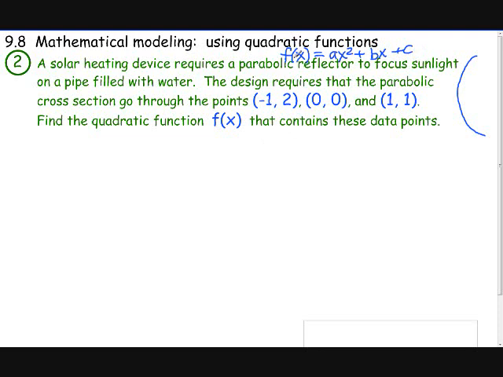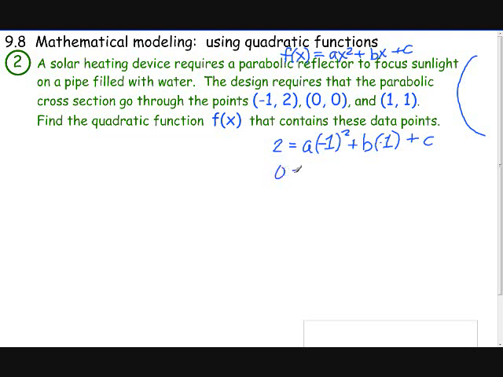Well, using this first point, here's the value of the function, 2. A times x squared is going to be negative 1 squared plus b times negative 1 plus c, which doesn't have an x on it. My next point, the value of the function at 0 is 0.